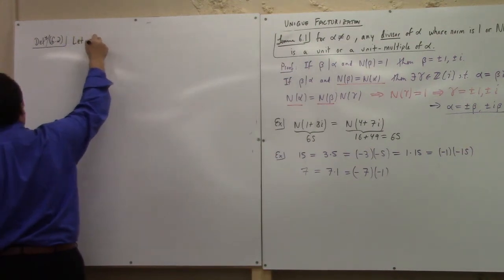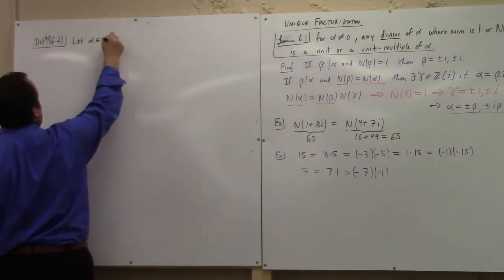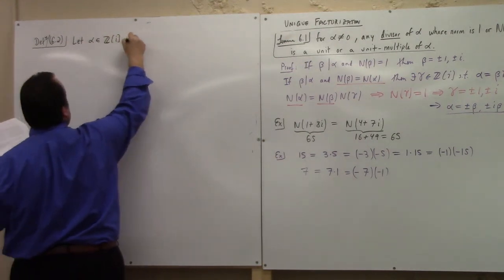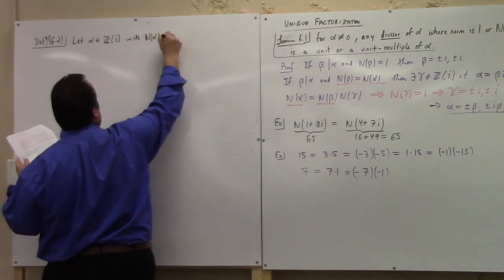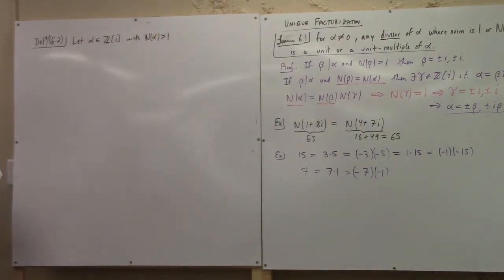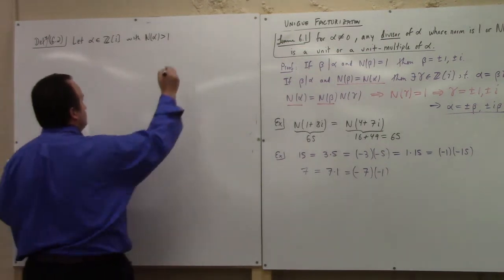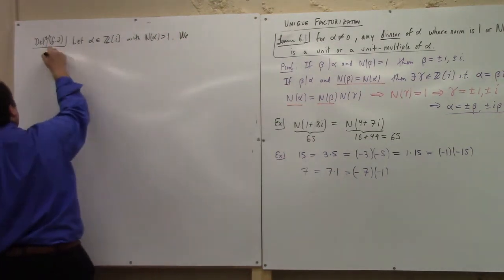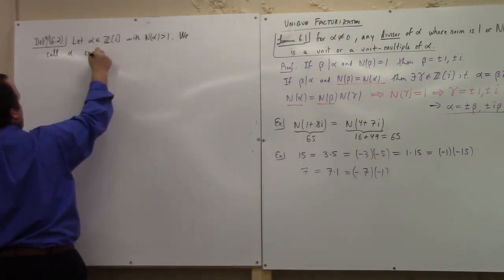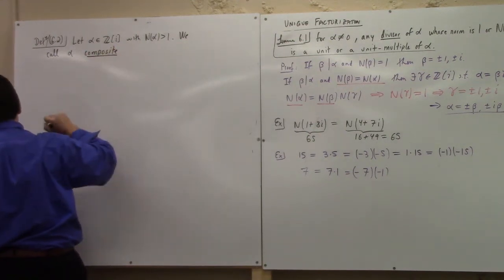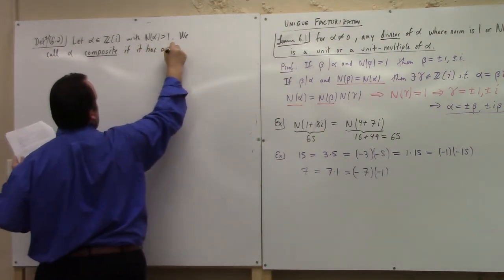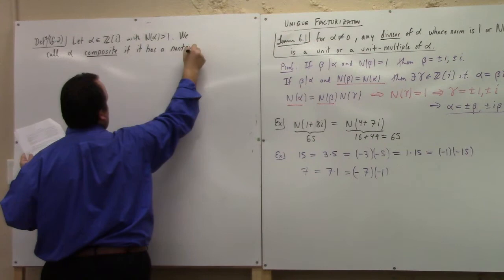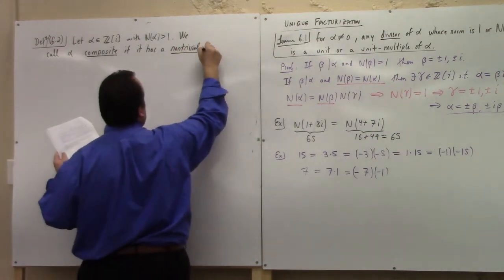Let alpha be a Gaussian integer with the norm of alpha greater than 1. In other words, what's another way you could say that? Pick a Gaussian integer which is not a unit. That's all it's saying. We call alpha composite if it has a non-trivial factor.